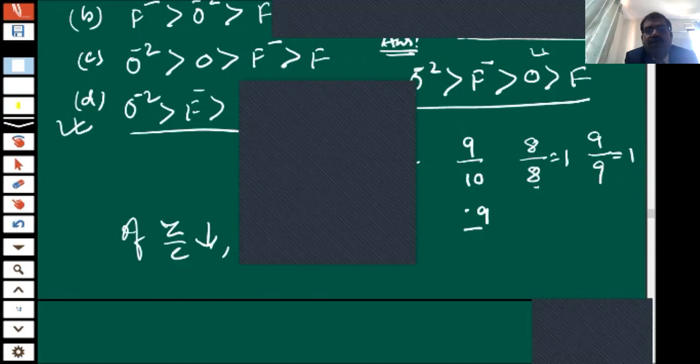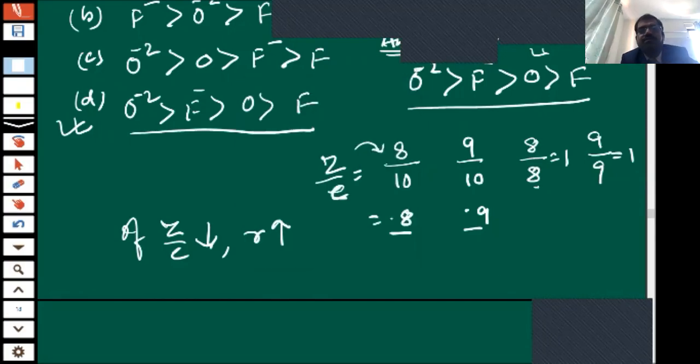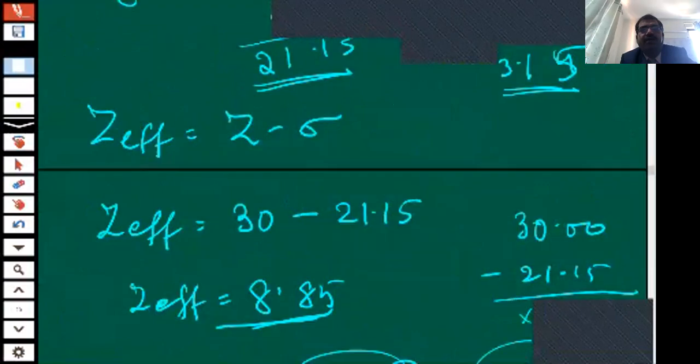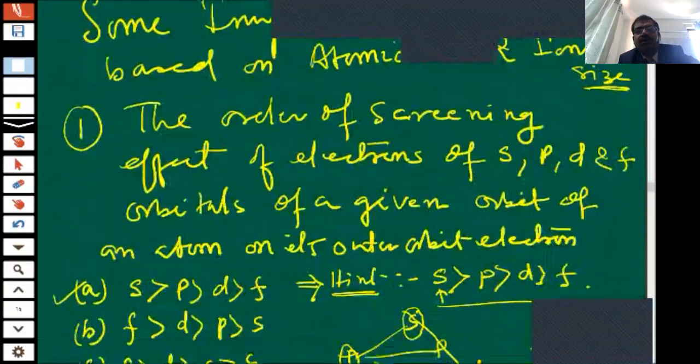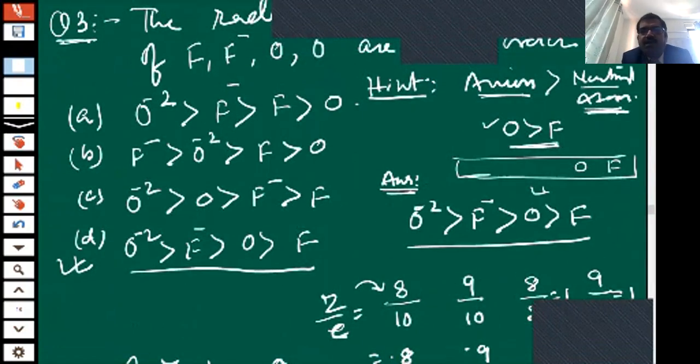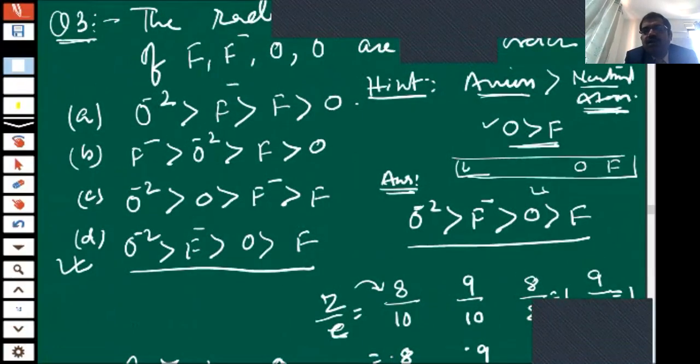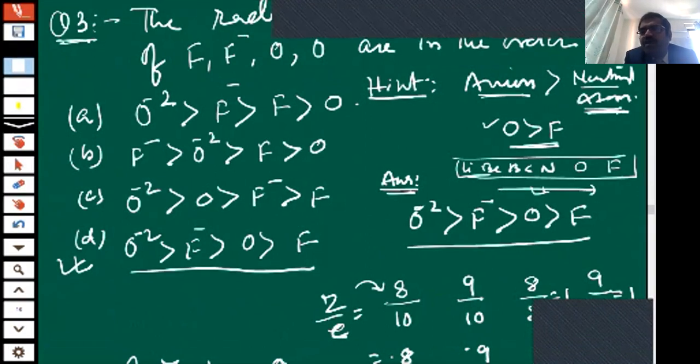How is oxygen greater than fluorine? Children, yesterday we had one point, no? Yesterday I wrote a point that in a period, suppose lithium, beryllium, boron, carbon, nitrogen, oxygen, when you move from left to right, the orbit numbers are same, but Z-eff value increases.